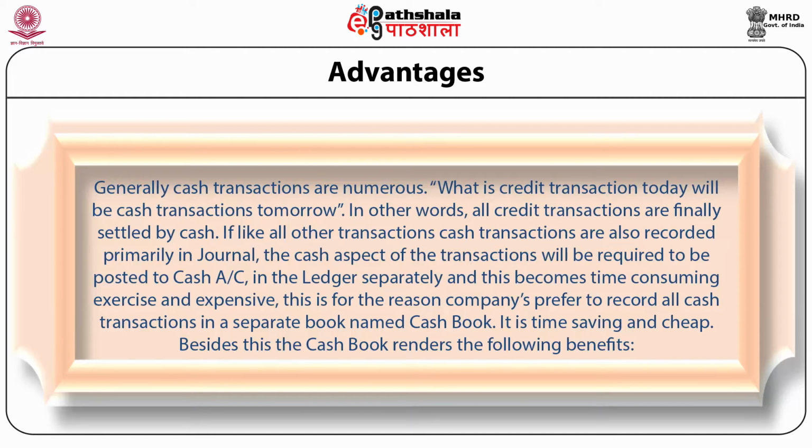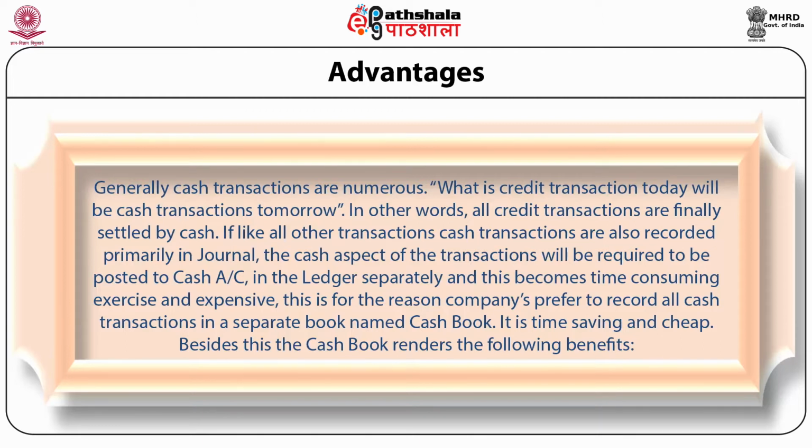If, like all other transactions, cash transactions are also recorded primarily in the journal, the cash aspect of the transactions will be required to be posted to the cash account in the ledger separately, and this becomes a time consuming and expensive exercise. This is the reason companies prefer to record all cash transactions in a separate book named cash book. It is time saving and cheap.